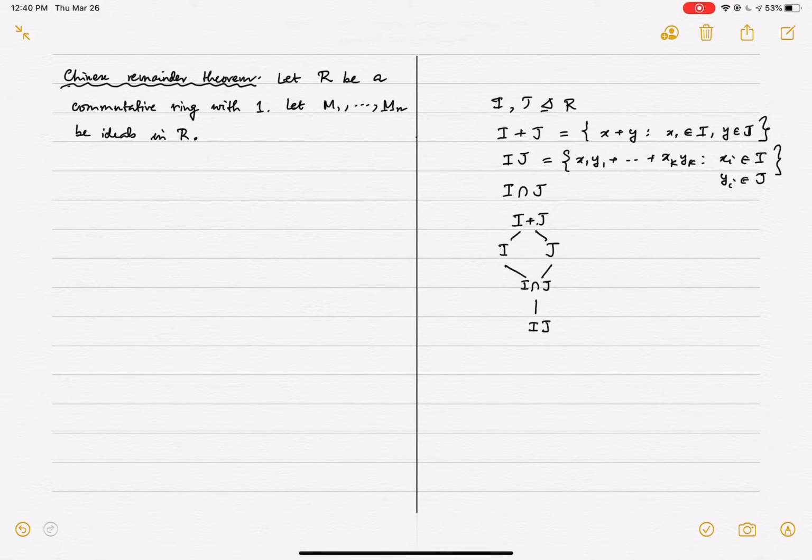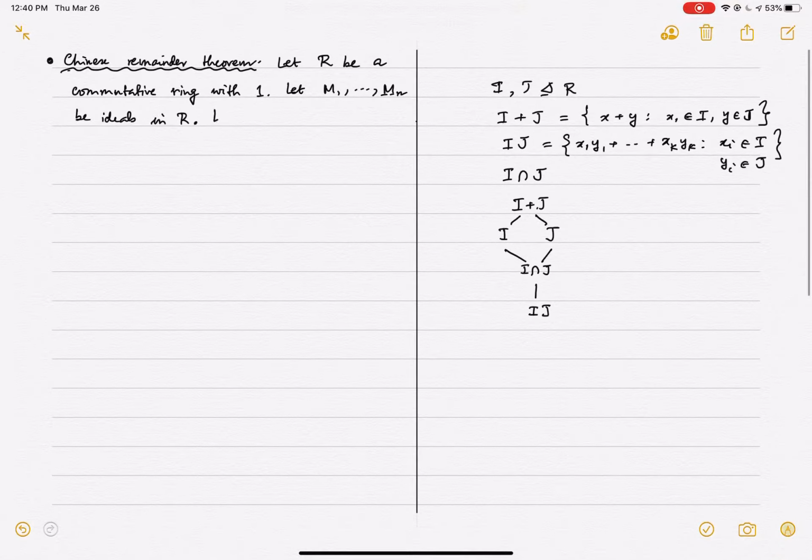So for the Chinese remainder theorem, the setup is that R is a commutative ring with identity 1, and we have finitely many ideals, m1, m2, ..., mn. And let's write m for the intersection of these. That's another ideal.